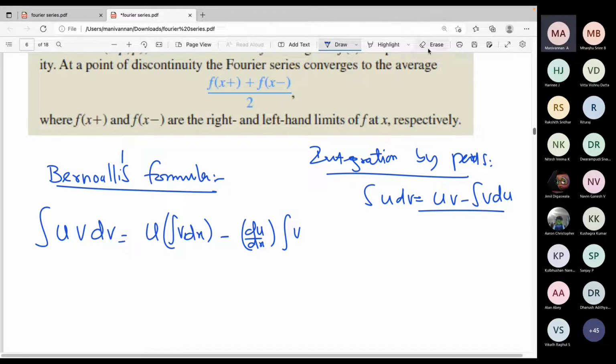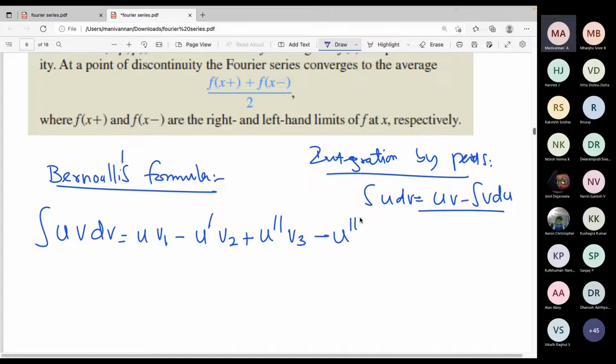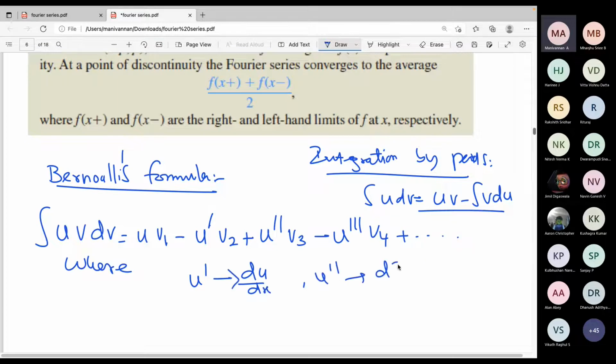So the integral of u dv is u v1 minus u dash v2, with alternating signs, plus u double dash v3 minus u triple dash v4, and keep going. Here u dash means du by dx, u double dash means d square u by dx square, which is d by dx of the derivative already computed.